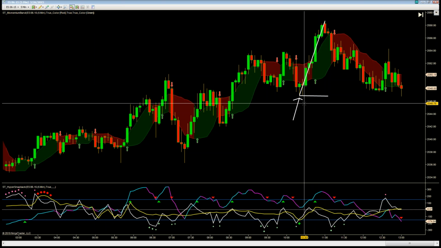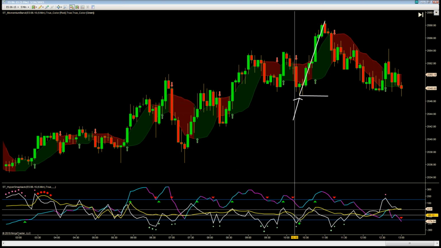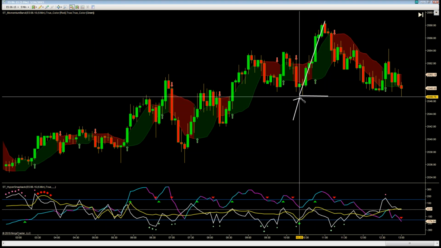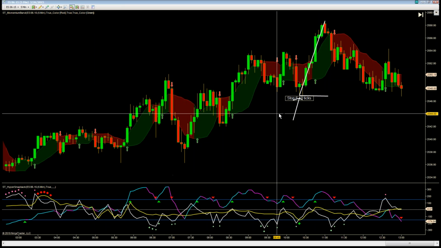you would put your stop behind the actual snapback, and that would be, we'll say, 6 to 10 ticks. And on this particular trade, you don't take any heat.